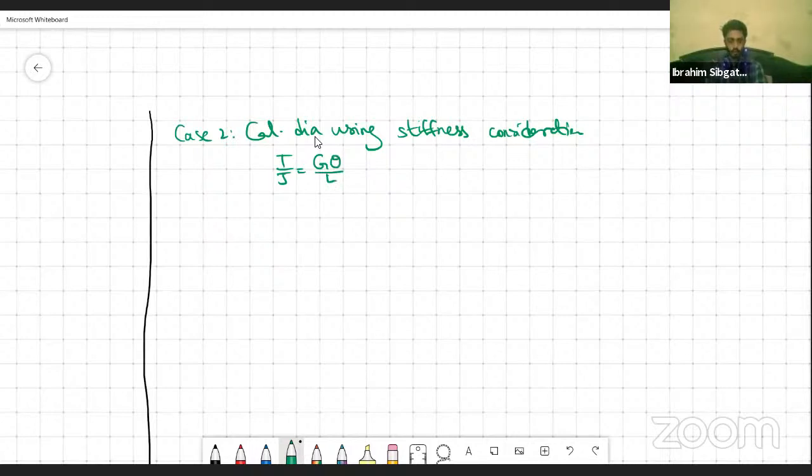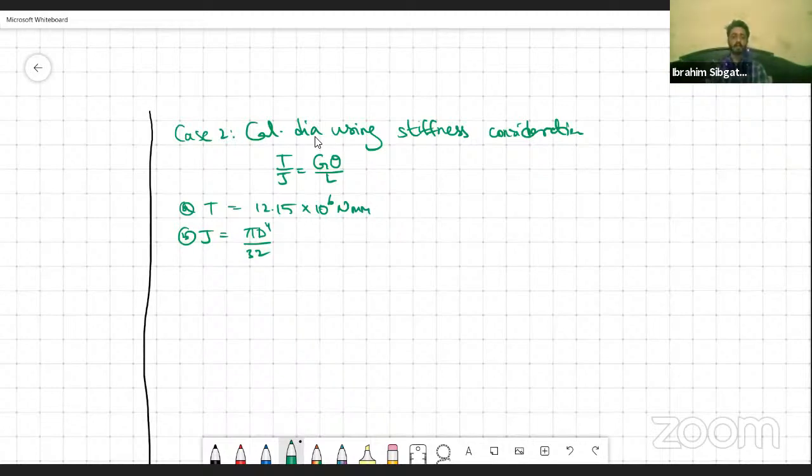Okay, so now we already know what T is from the previous step. So T is 12.15 into 10 power 6 Newton millimeter. Then when it comes to J, still, it is a solid circular shaft. So pi d power 4 by 32. So again, just don't think that over this d we will replace the value from the previous step. No, that is not possible. We cannot do that.